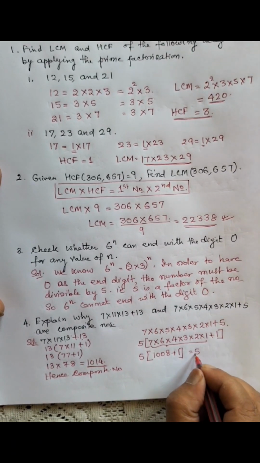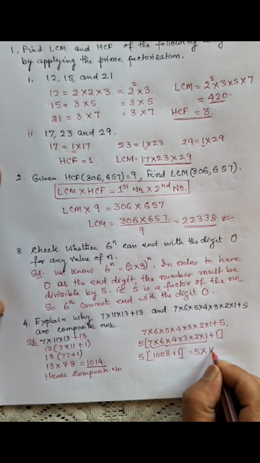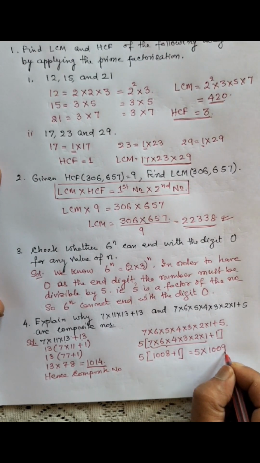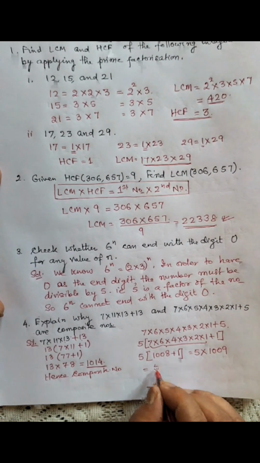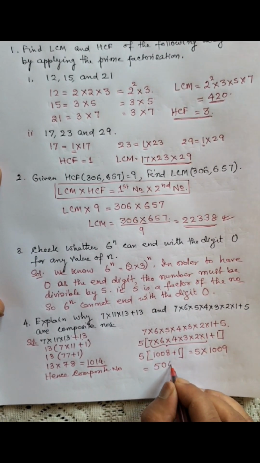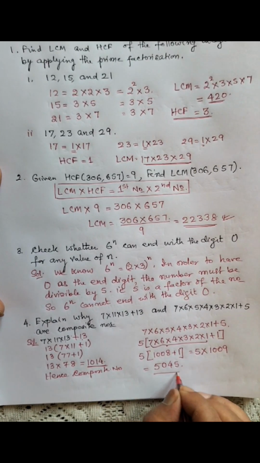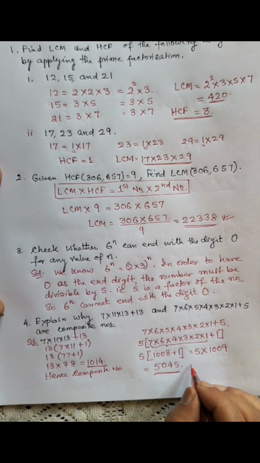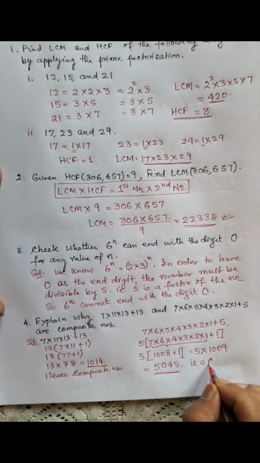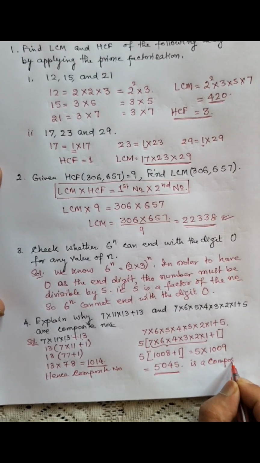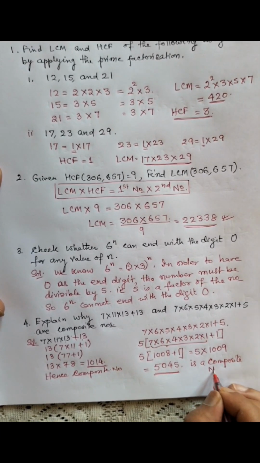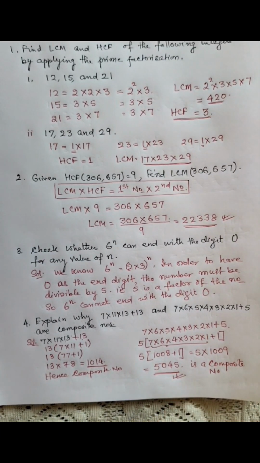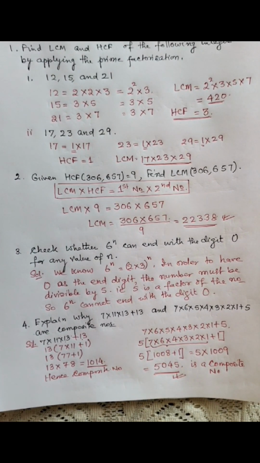And further, this becomes 5 multiplied by 1009, which gives 5045, which is also not a prime as it is divisible by 5. So it is a composite number.